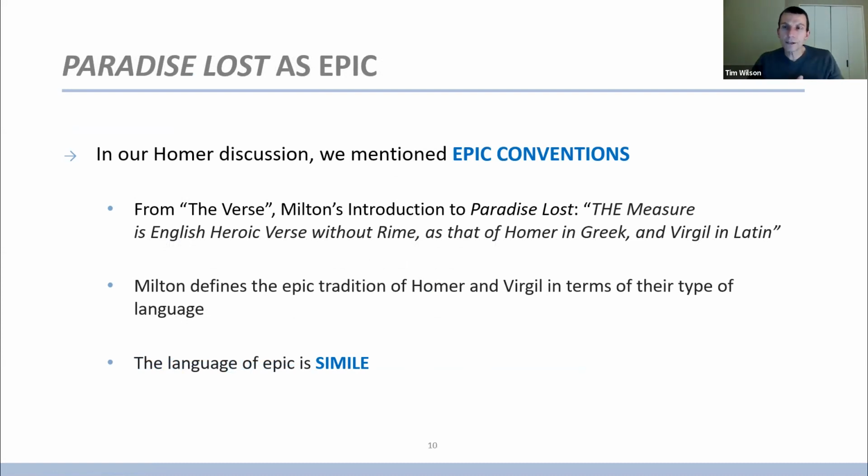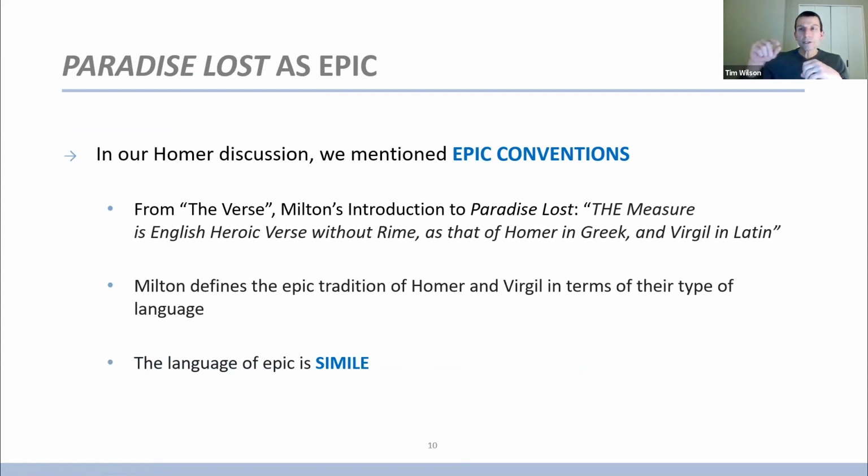So we talked about the invocation. We looked at the opening lines, and he's building on this epic tradition. He's doing it in a way that also points to biblical tradition as some way providing a divine truth that transcends the limited truths of classical literature, according to Milton.